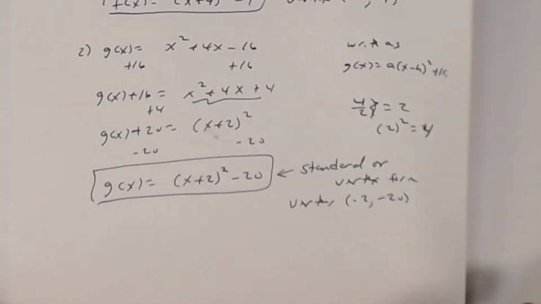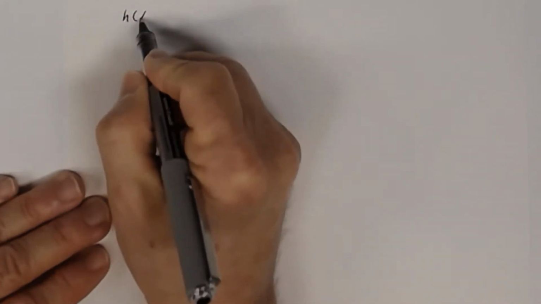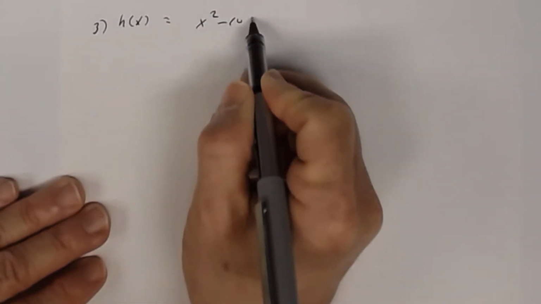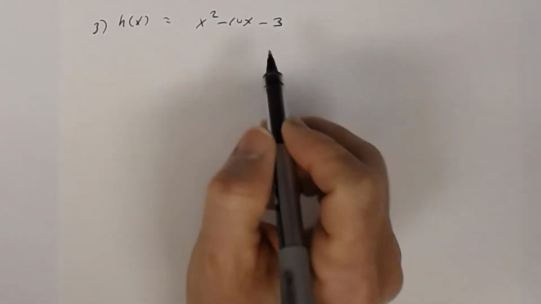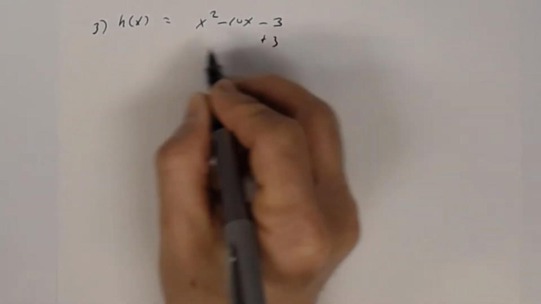All right, let's do number 3. Let's suppose we had h of x equal to x squared minus 10x minus 3. So again, let's go ahead and add 3 to both sides.